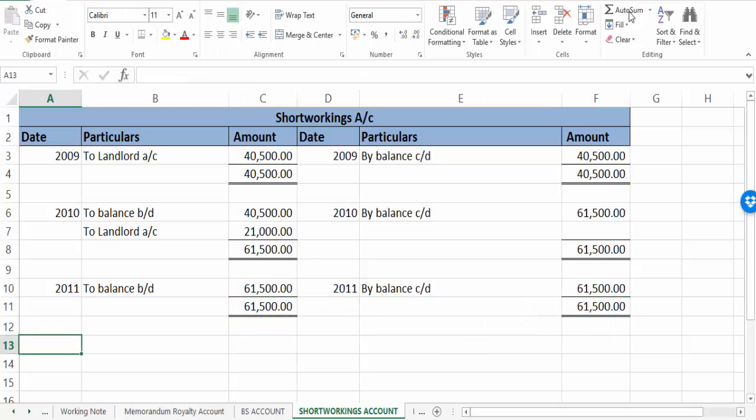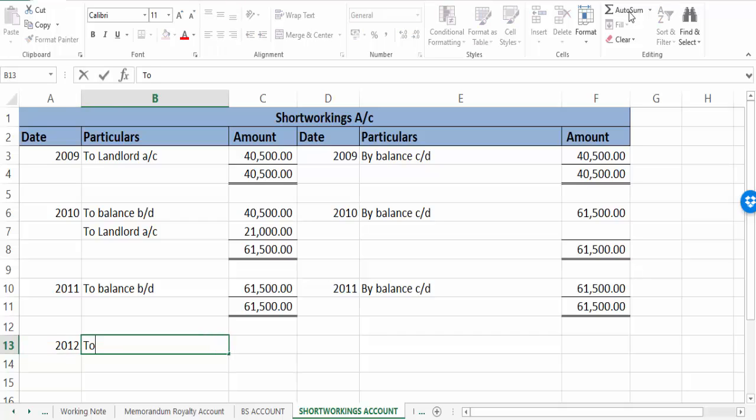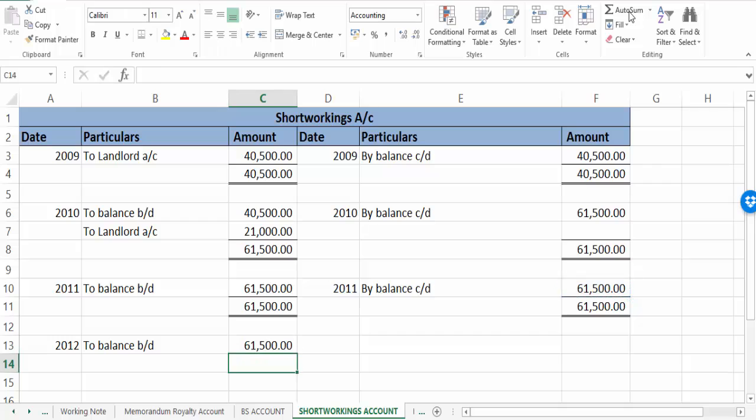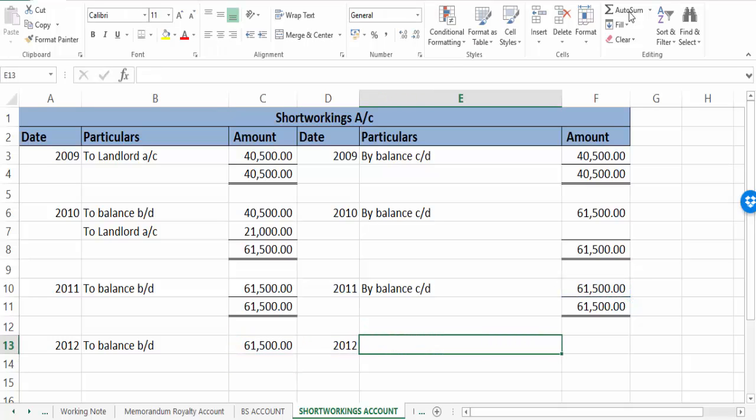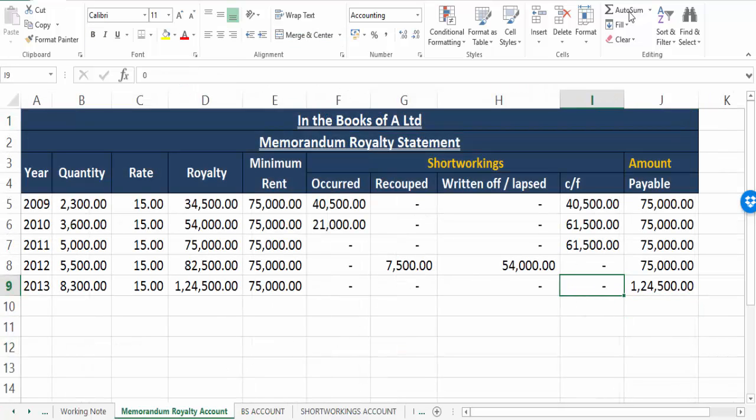Then we have some adjustment in 2012, I believe. To balance brought down, how much? 61,500. And in that year there is some adjustment, because if you go to this worksheet, there is some recoupment. So earlier the landlord was created, now landlord will be debited, and this 54,000 written off has to be taken to P&L.